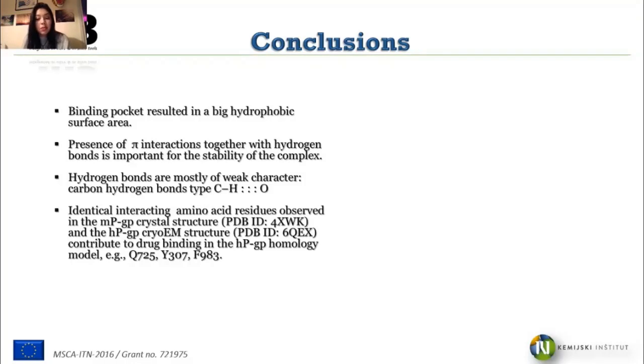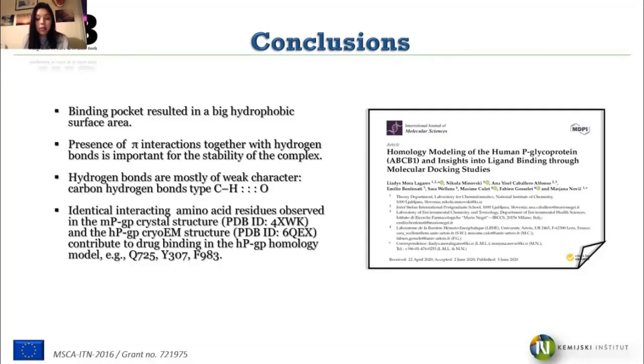This demonstrates the consistency between the interacting amino acid residues predicted by molecular docking calculations and the co-crystallized data available. This work was published in June of this year in the International Journal of Molecular Sciences.